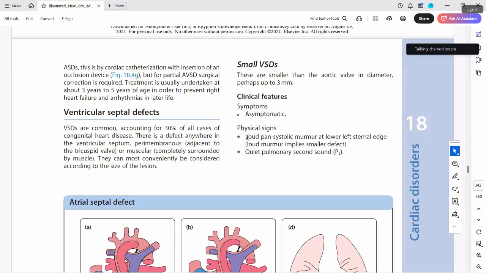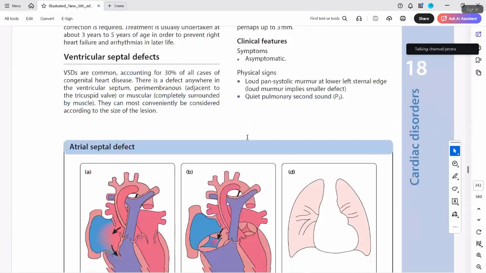They can present with clinical features like failure to thrive and features of heart failure, right? You will get a pansystolic murmur at the left sternal edge. Like in mitral regurgitation, you get a pansystolic murmur at the apex, but the first heart sound in mitral regurgitation is muffled, whereas in VSD the first heart sound is normal, right?